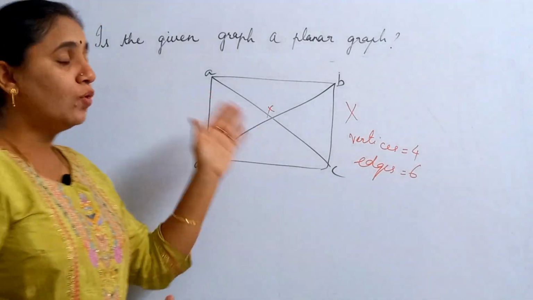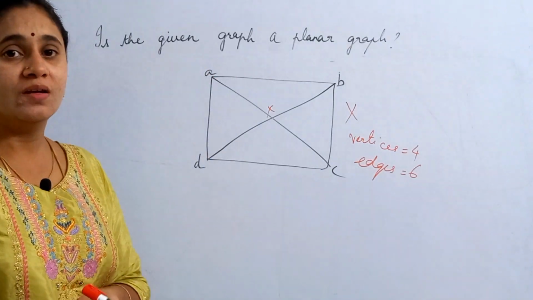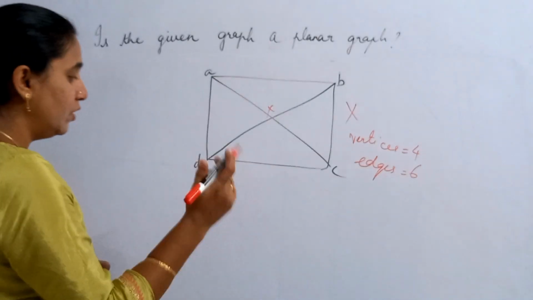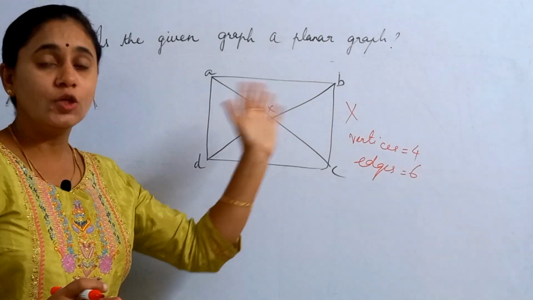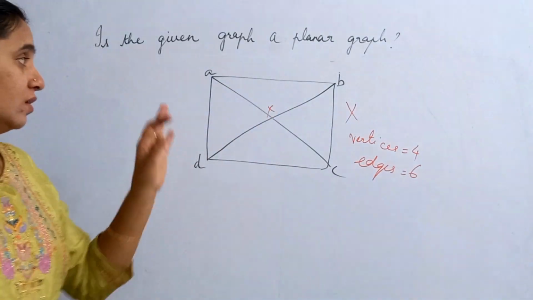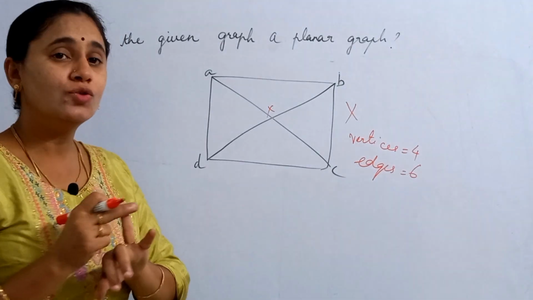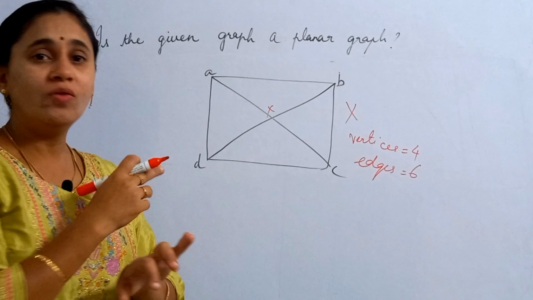Now, suppose I want to change this into a planar graph, how can I do it? The condition for changing this into a planar graph is that edges should not intersect, that is the first condition, and you should not change the position of the vertices.